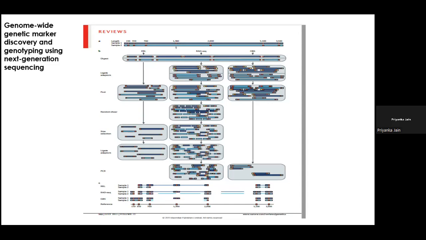In this, they have compared the two main methods, RADSeq and GBS, which are very popular methods of genotyping data generation for sequencing runs. So these two are compared, to show how they are different.